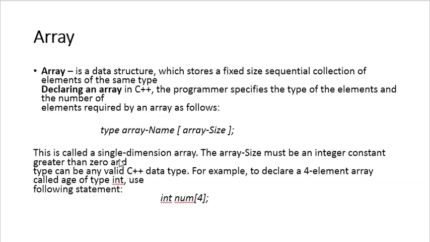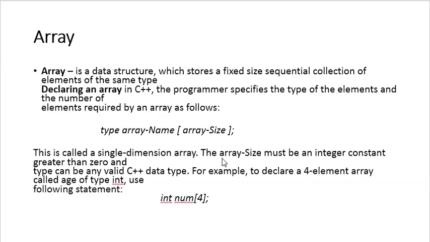So this is called a single dimension array. The array size must be an integer constant greater than 0, and the type can be any valid C++ data type. Here if you need elements as integers, you have to write int, and if you need characters you have to write char.